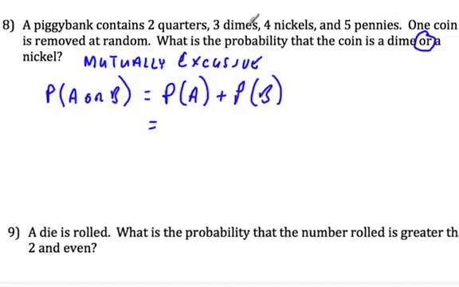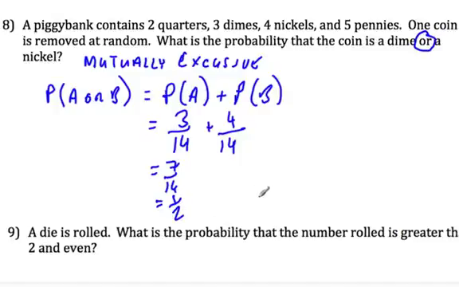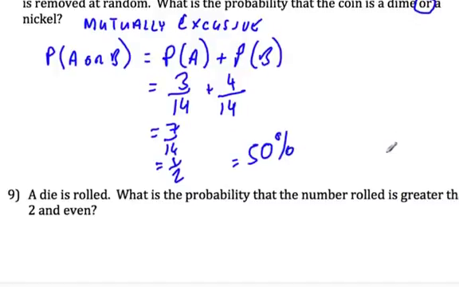Of the 14, 3 of them are dimes, so 3 over 14, plus the probability of drawing out a nickel is 4 out of 14. So this is 7/14, which is a half, which you should have been able to see is equal to 50%. So you have a 50% probability of drawing out either a dime or a nickel if you're removing a coin at random.